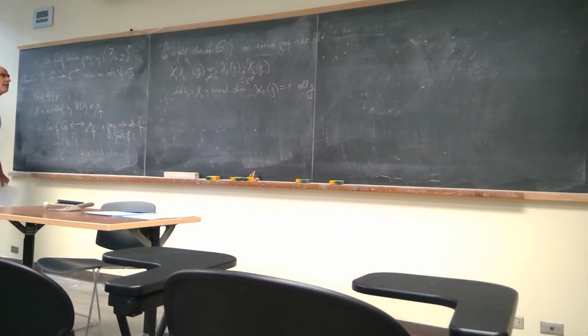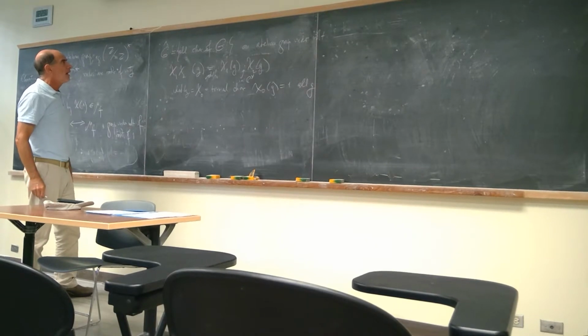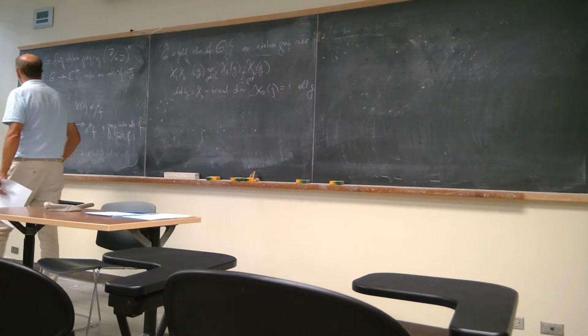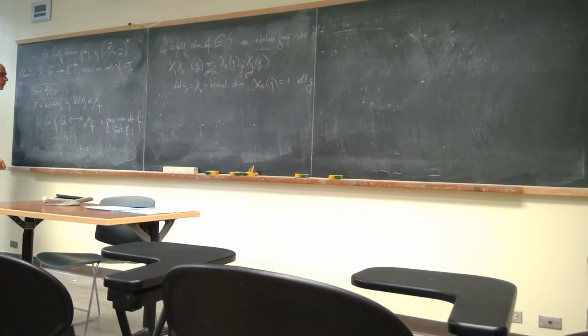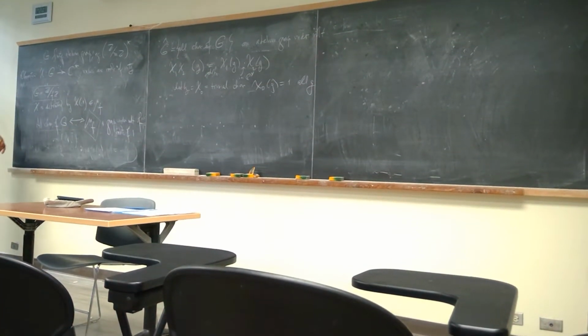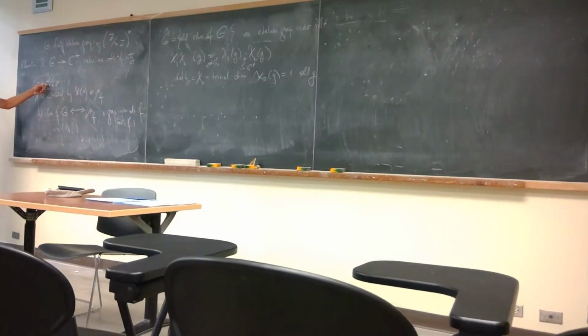Now, people sometimes say that the character group of G is isomorphic to G, and that's true, but it's not canonically isomorphic. Here we have G being a cyclic group, and it's true that the character group is also a cyclic group of F roots of unity, but there's no way to pick a canonical element in here, whereas in this group I had a canonical element 1.